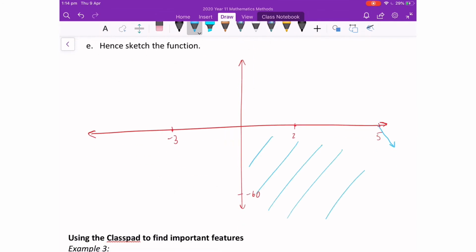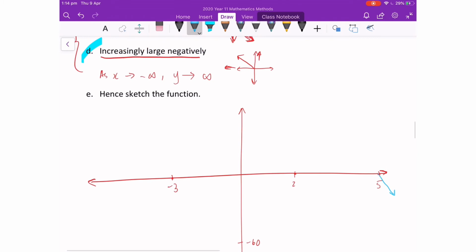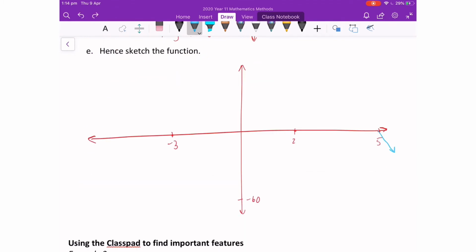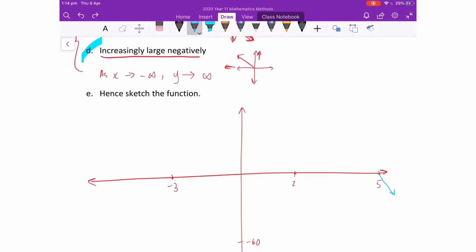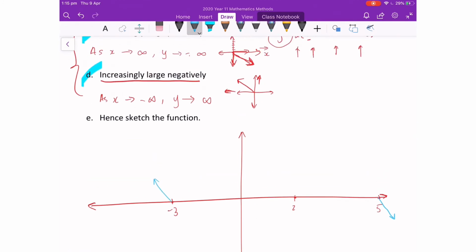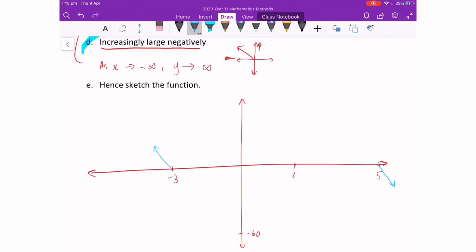Like I mentioned before. Oops. Meant to erase it. There we go. Right, x gets smaller. And then as x goes towards negative infinity in this direction here, y is going to get bigger. So I'm going to expect my graph to slowly go up this way. That tells me it's going to look like this one.